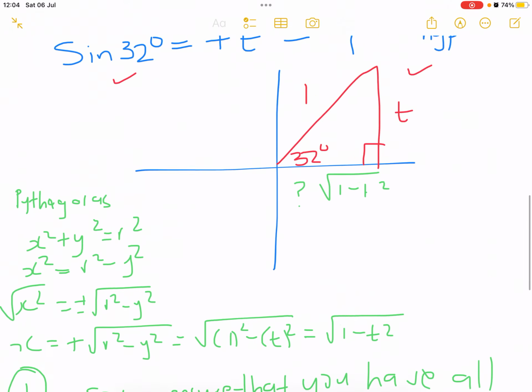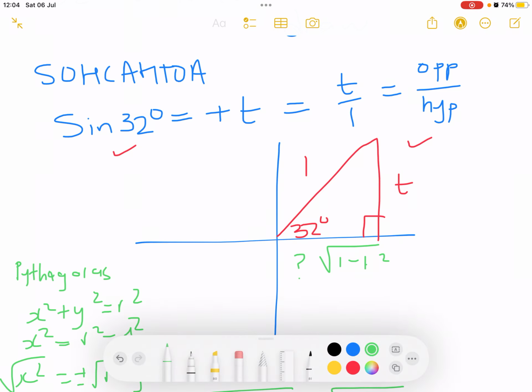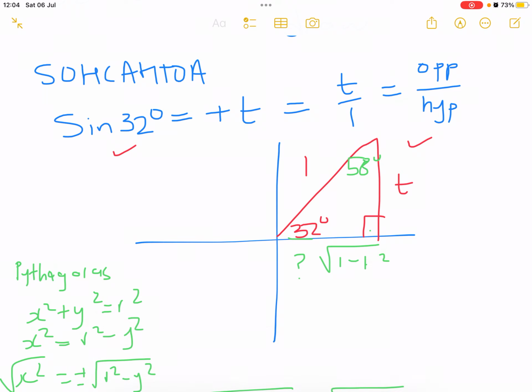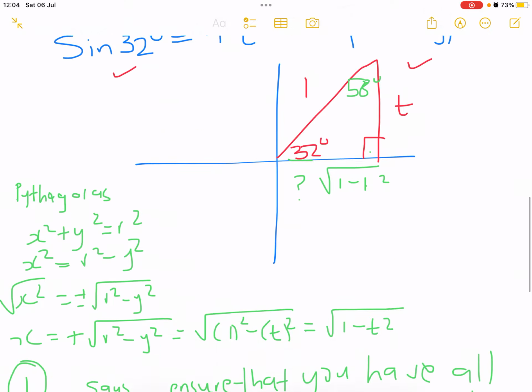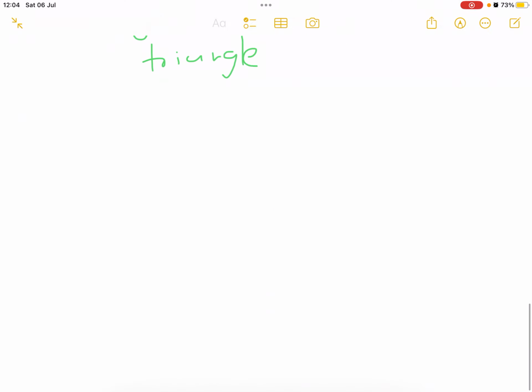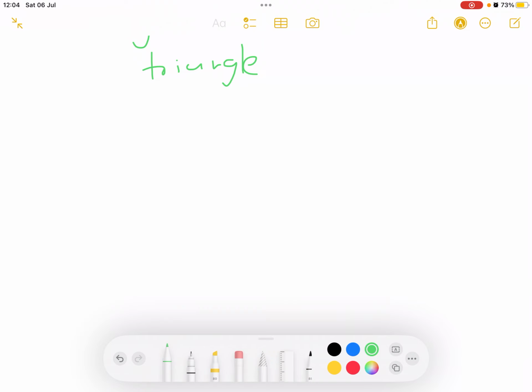Now let's go back. We have 90, we have 32, then we must have an angle that completes the angles in a triangle, which is what? 180. So if we say 32 plus 90 plus 58, then we get 58 degrees. We get that complete 180 degrees.